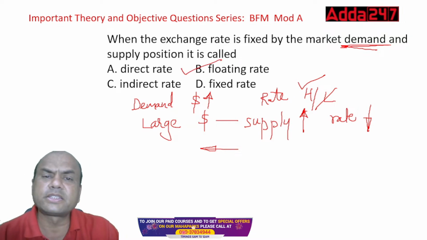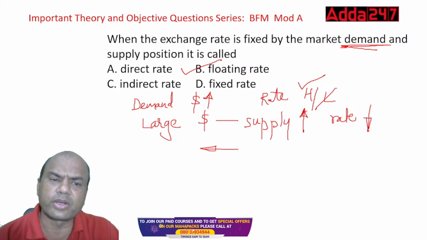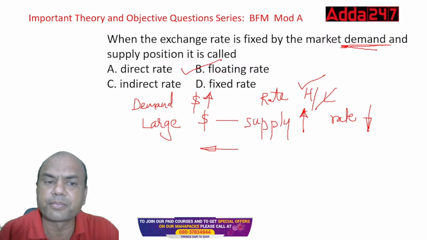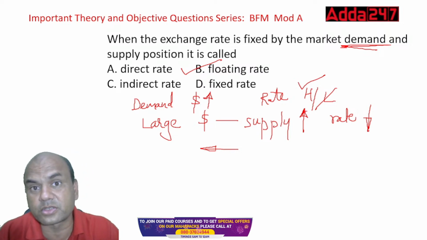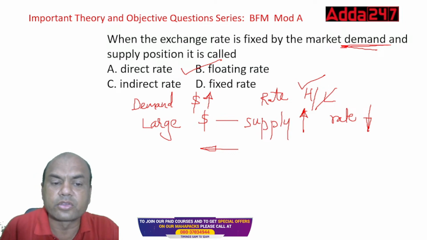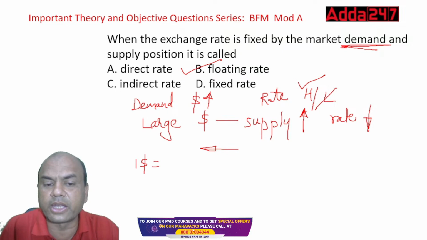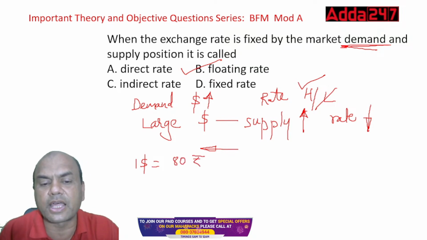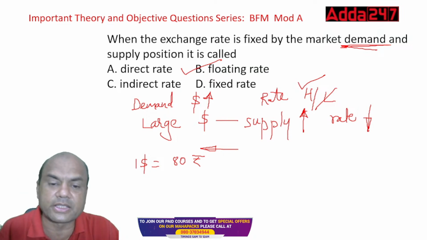Remember, fixed and floating are the two main rates. What are direct and indirect? Direct and indirect rates are also there. What do we use in India? If I say $1 equals 80 rupees, is this a direct rate or indirect rate? Type in the comment section.